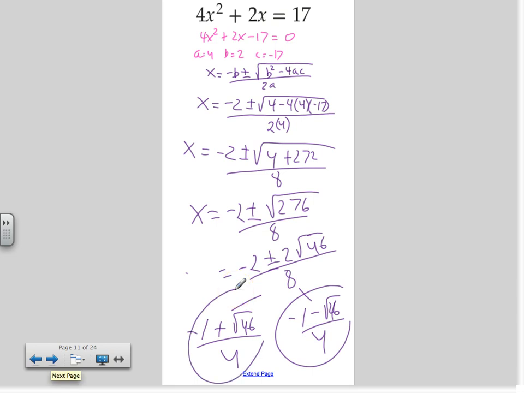So there's 2 cases right there. If you want to turn it back to a decimal, you take the square root of 46, whatever that number is, and you can certainly add and divide. It's your choice. Obviously, if you were trying to factor this, it's not going to happen. And if you try to complete the square, it will work too, but it will take longer. So might as well use the quadratic formula.